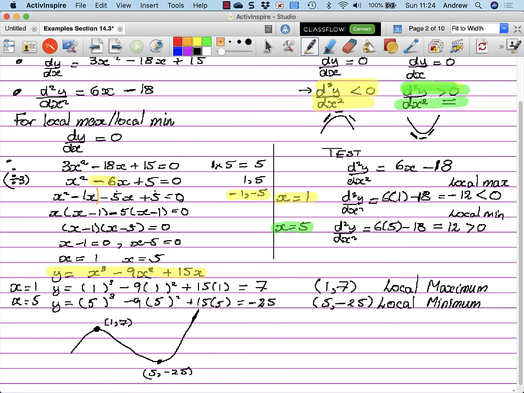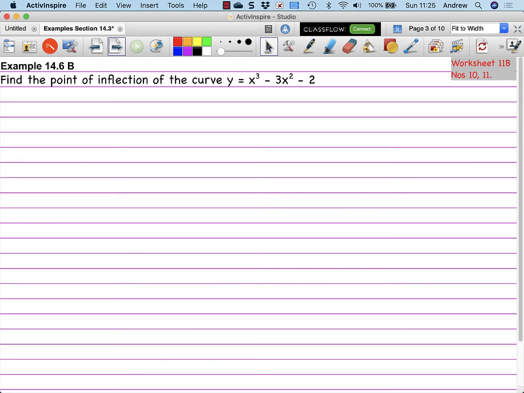But if I was to extend my graph to continue going down, and this is where the graph ended, then this would be the minimum point, and over here would be the local minimum. So basically where you have a mountain top or valley bottom is a local maximum and a local minimum.